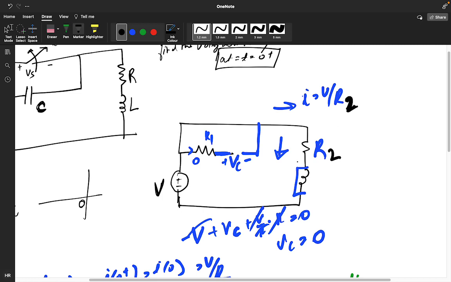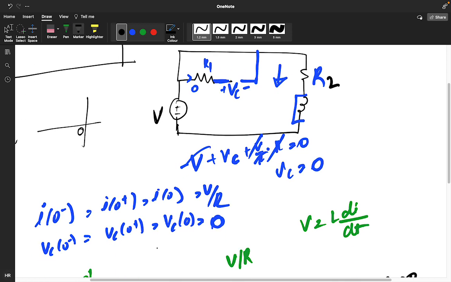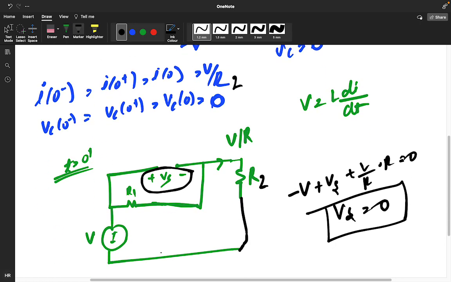Applying KVL, minus V plus Vc, which is 0, plus V by R2 into R2, so the Vc value was 0 only. IC(0-) equals IC(0+) equals IC(0), which is V by R2 only. So we need to find the voltage across this particular element.